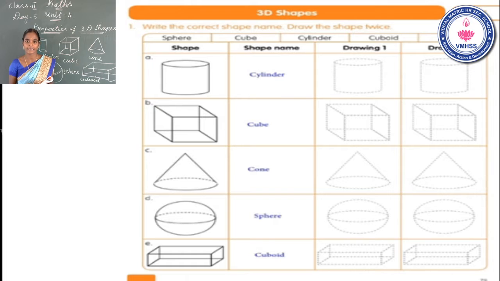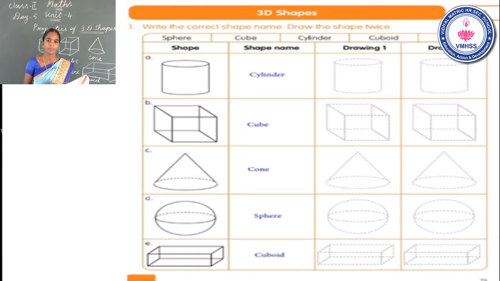Next, see, listen here. So C shape name is cone. Next, D, sphere. Okay, D sphere shape.